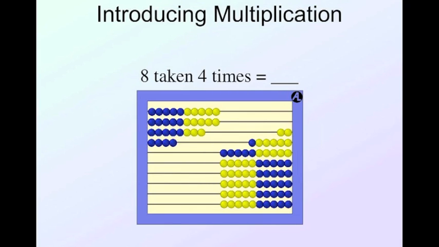Or if you like to use the take and give, you can do take and give and come up with the same answer of 32. So there's multiple different ways to determine the answer.